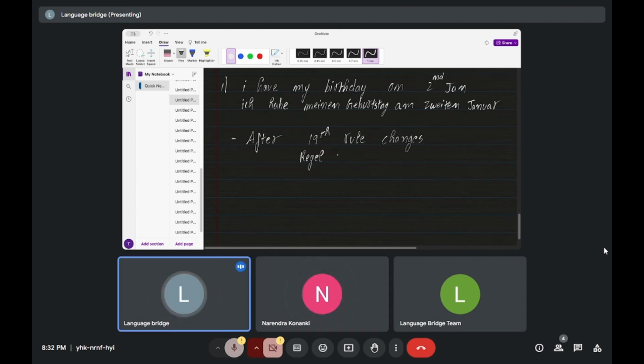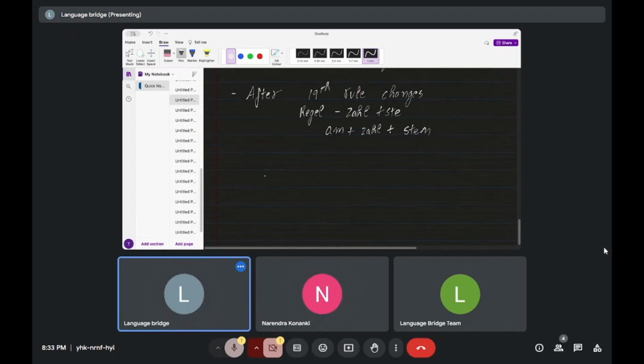So the number plus "ste", and when you use it with "am", we add only "n". So "-sten".